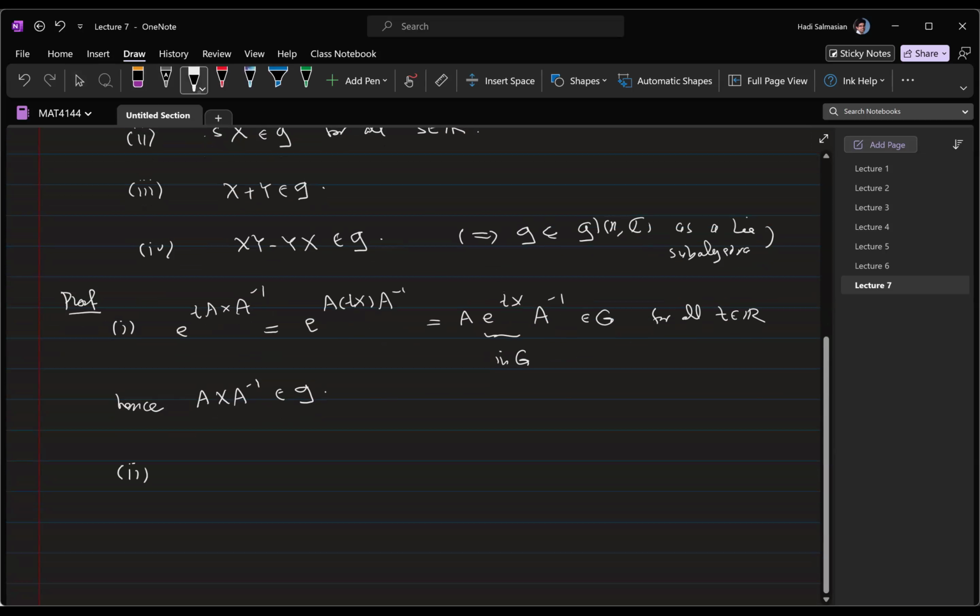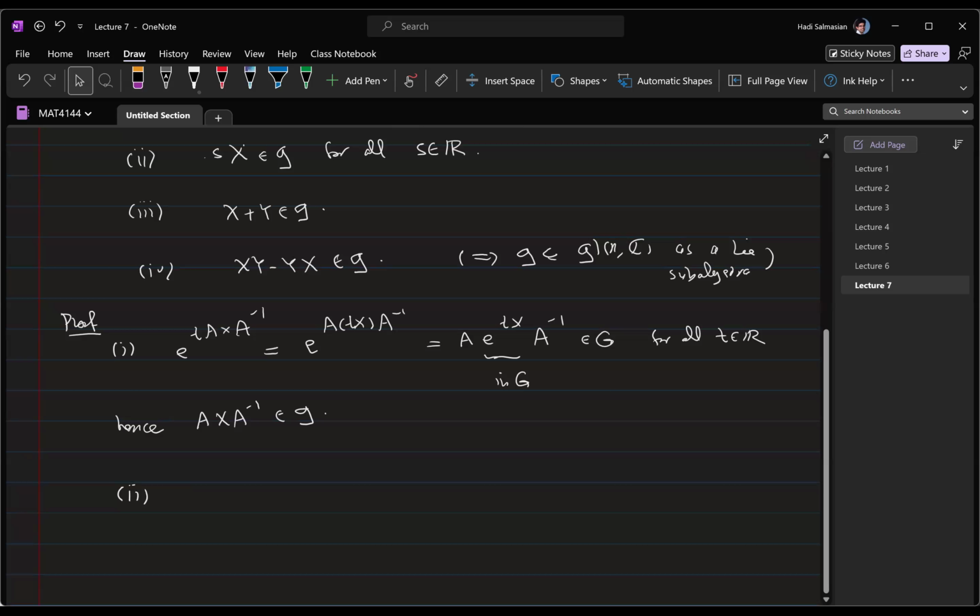And number 2 is also easy. Dilation invariance is also easy. It's just by definition. You want to show that sx is in curly g. So you want to show that e to the tsx belongs to capital G for all t, but this you can write as e to the ts times x. And this is a new scalar.